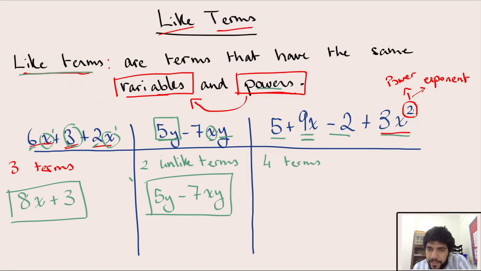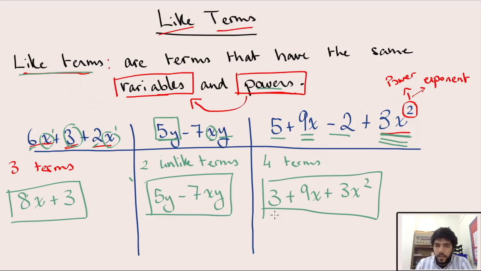The 3 has an x, but this x has a power, and so they're not the same. So for the 3x squared, I'm going to put 3 lines underneath it, just to say that it's not the same. So if we simplify this, 5 and negative 2, if we combine them, it makes 3, plus 9x plus 3x squared. We can't simplify anymore.